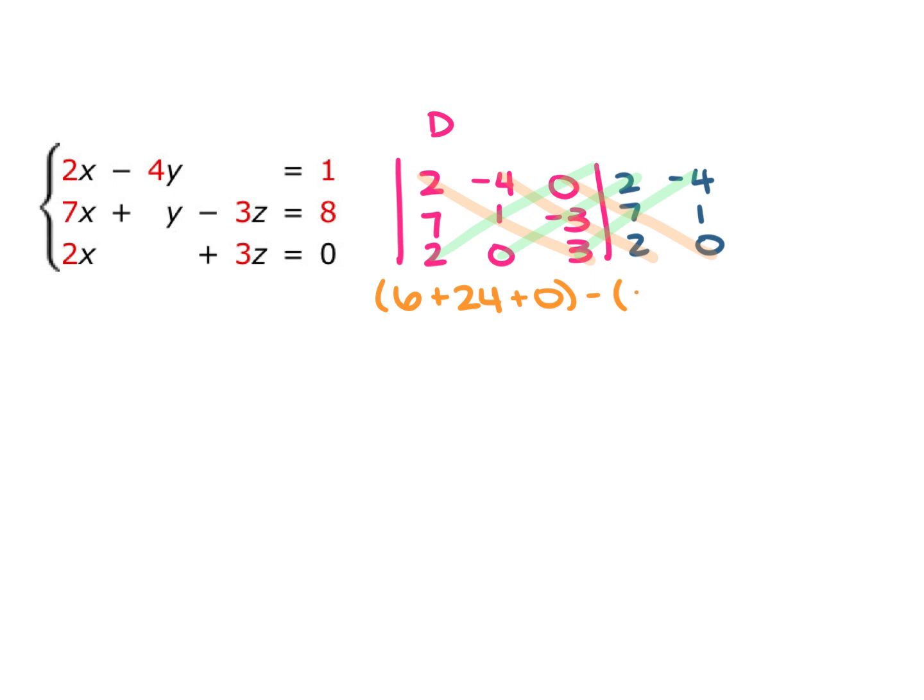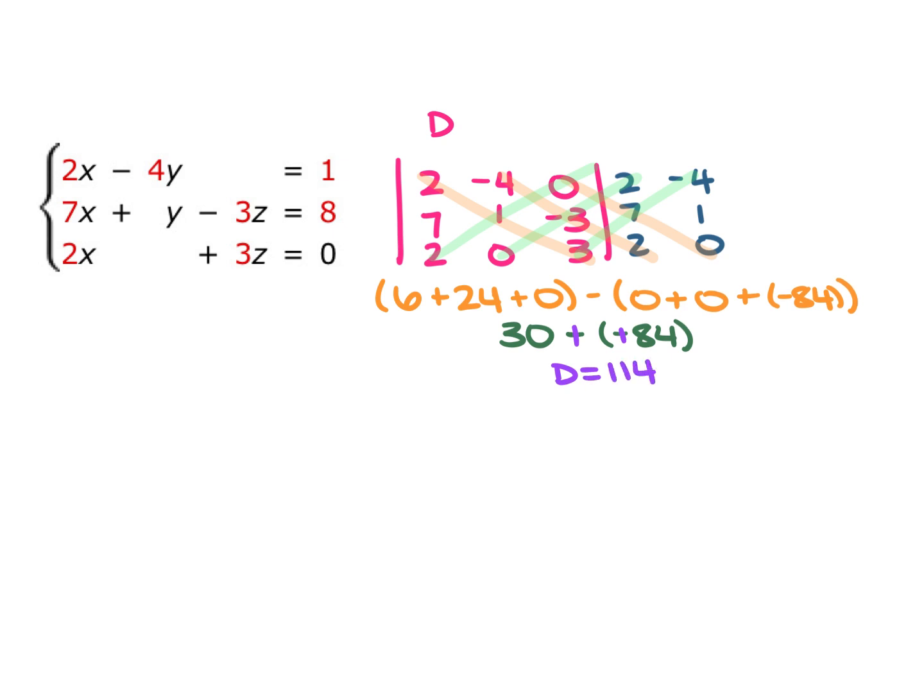You're going to have 0 plus 0 plus 3 times negative 4 times 7, which is negative 12 times 7. That's negative 84. Combine your like terms here. You have 30 minus a negative 84. Turns into addition. So that gives you 114.